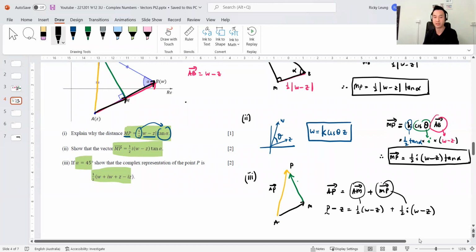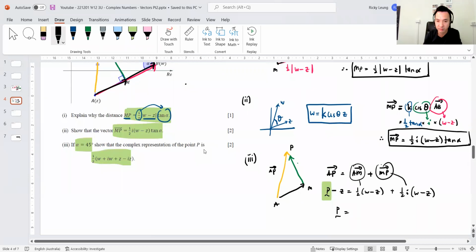Then I need to make P the subject. So I throw the Z over, and I'm hoping that everything simplifies. My answer wants everything in a half. When I bring this Z over, there's a negative half Z here. If I bring this guy and collect it with this guy, it'd be positive half.